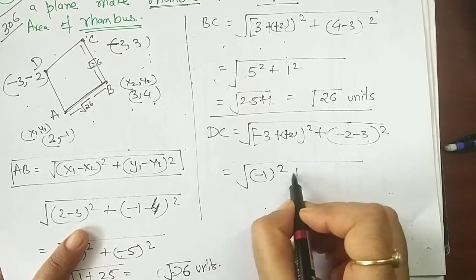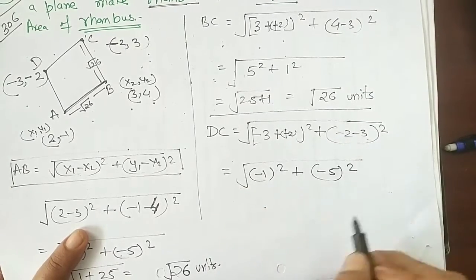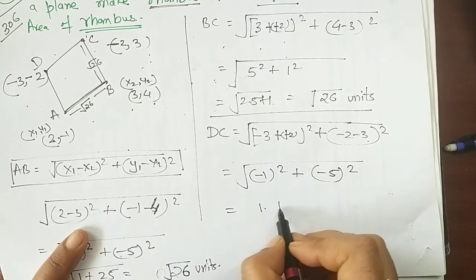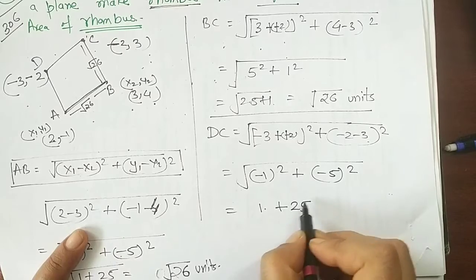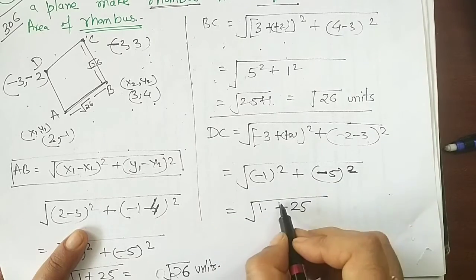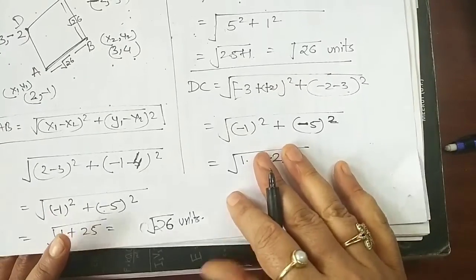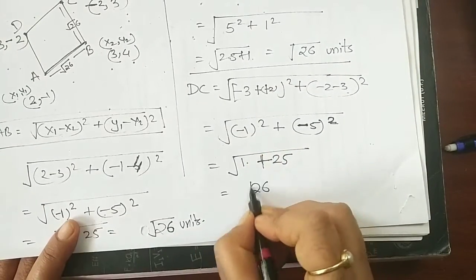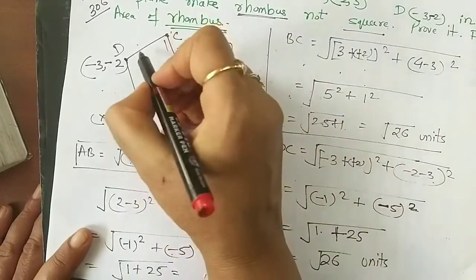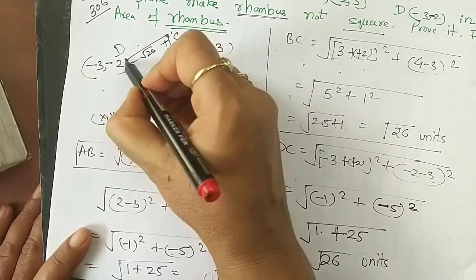Minus 1 square plus this is minus 5 square. So 1 square is 1 only and this is 25. Why did it become plus? Because any negative number squared is positive only. Okay? So this is also root 26 units. So I will write DC also. Now I have to calculate AD.